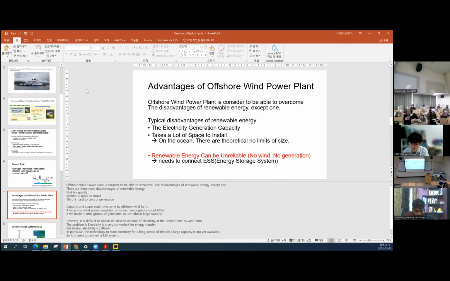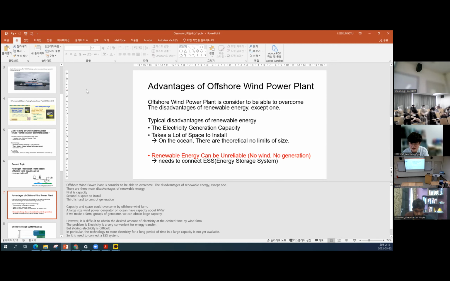If we use an offshore wind power plant, a large wind power generator over 5 megawatts can be installed. So if we make a farm, a group of generators, we can obtain a large capacity.